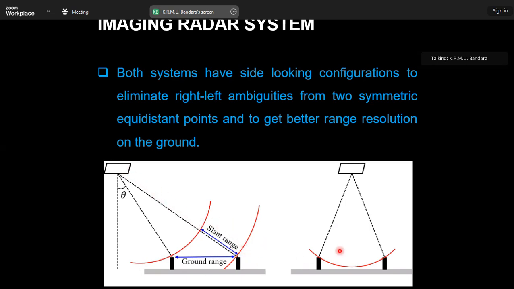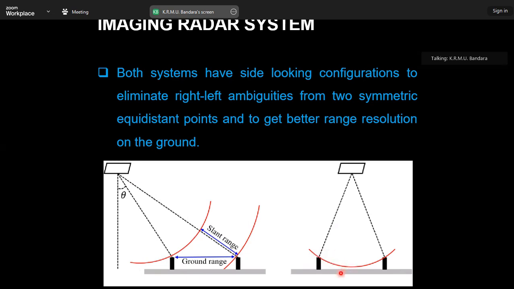In addition to that, this one and the next one are at a very close distance to this one. Not like this; this one and this one are slightly different. But here they are very close. Therefore, to differentiate this distance and this distance, a very large distance on the ground is needed.